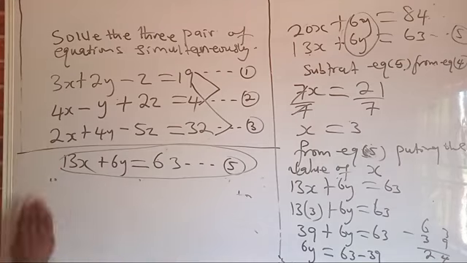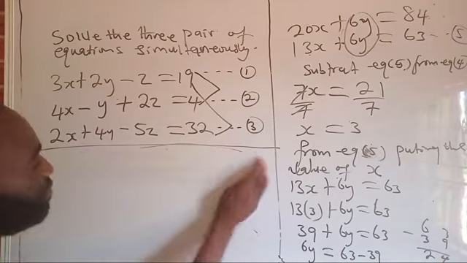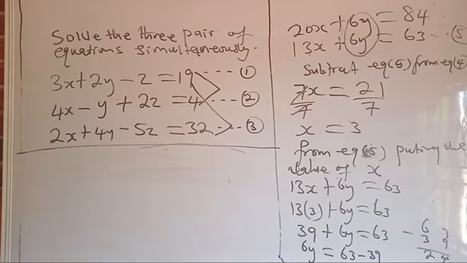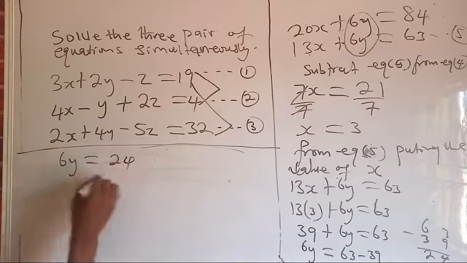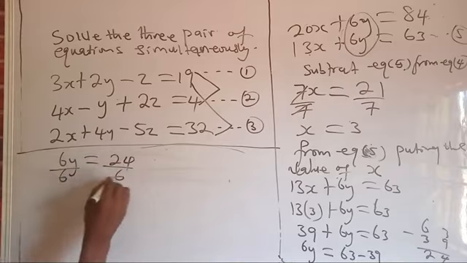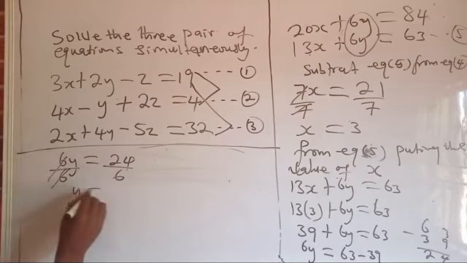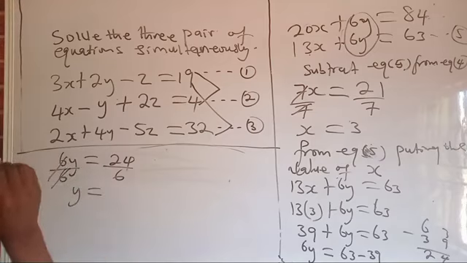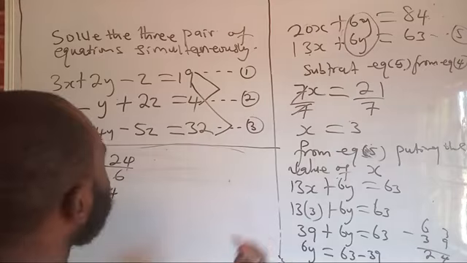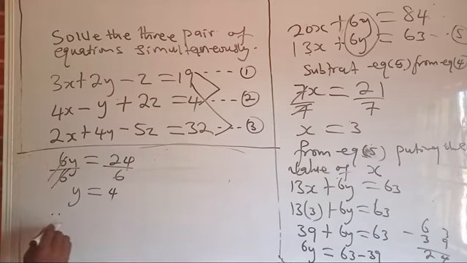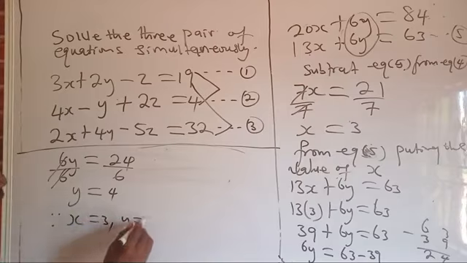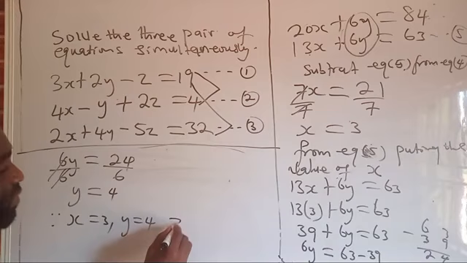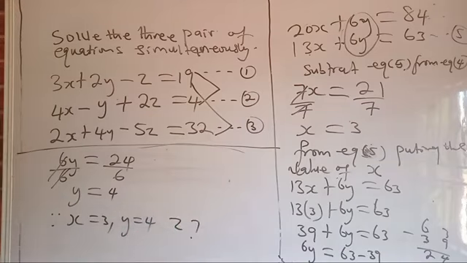Let's continue from here. So 6y is equal to 24. Divide both sides by 6. 6 cancels 6. Y is equal to 4. Therefore, x is equal to 3, y is equal to 4. But z is equal to what? We don't know the value of z.